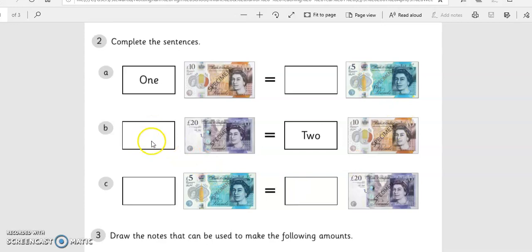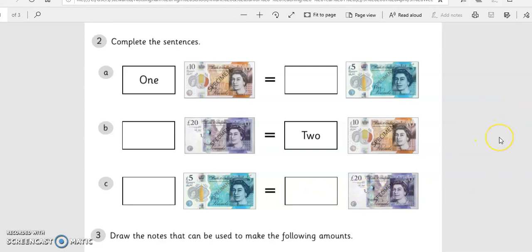And the box that's missing is on the other side this time, but it's just the same. So how many of these notes is the same as having 2 of these notes? And you've got missing boxes here, so you need to have a think about a number that could work here and here. But you need to make sure that they are equal. So that is a good challenge, and you're going to have some different answers for that one.